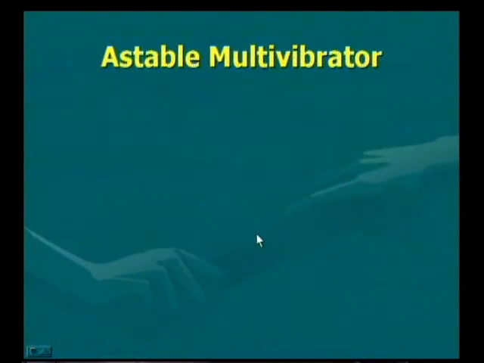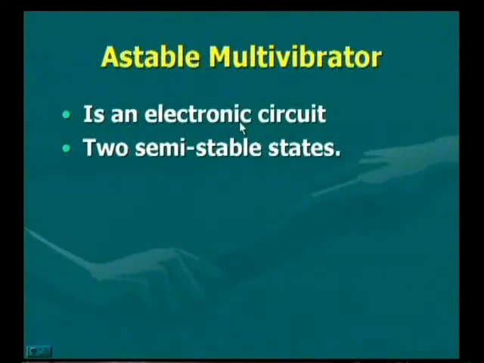Now we can go for another multivibrator, the third type, which is the astable multivibrator. The astable multivibrator is an electronic circuit which has two states where both of the states are semi-stable states. As we saw from the monostable multivibrator, semi-stable state means the output can retain in this state only for a fixed interval of time.